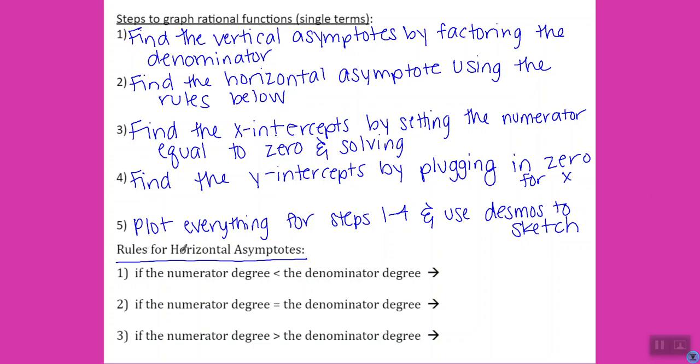So for the horizontal asymptotes, if the degree of the numerator is less than the degree of the denominator, the horizontal asymptote is automatically y equals 0. If the degree on the top is equal to the degree on the bottom, then y equals the leading coefficient of the top divided by the leading coefficient of the bottom.